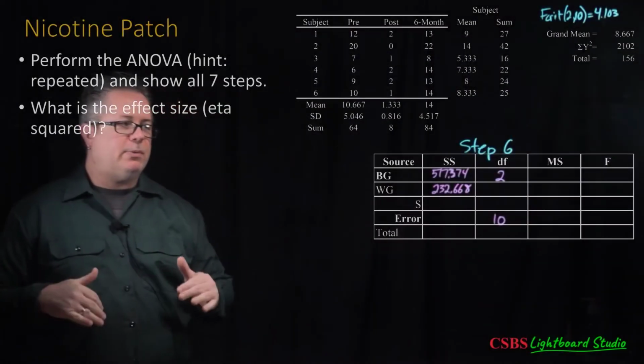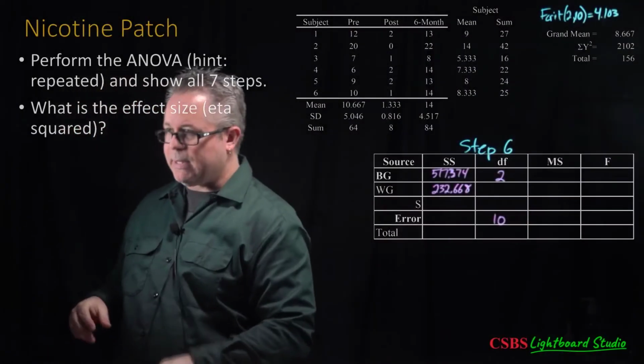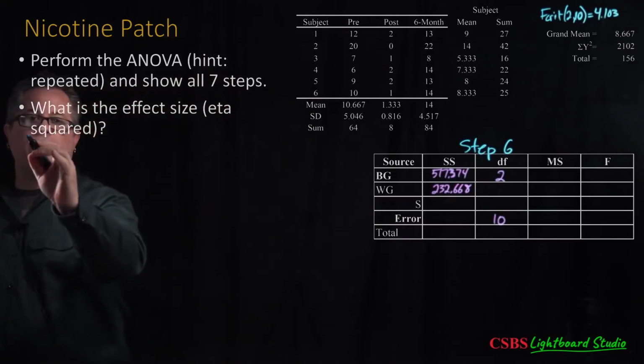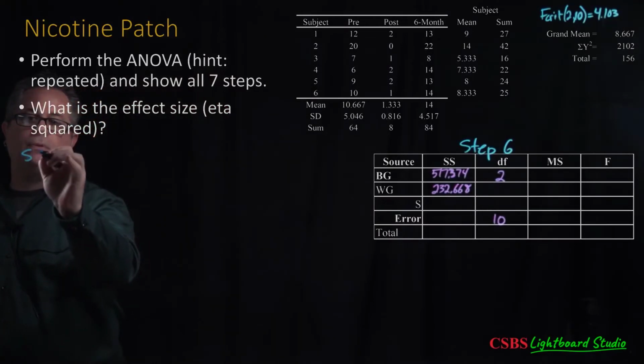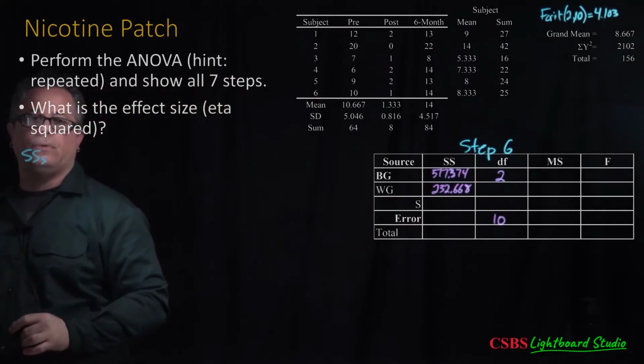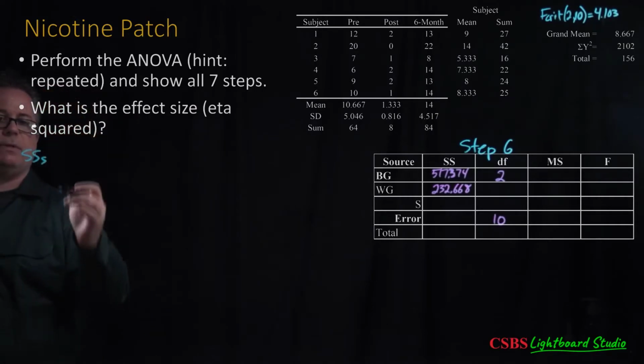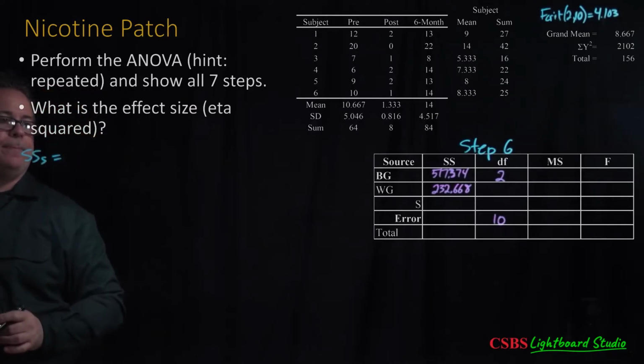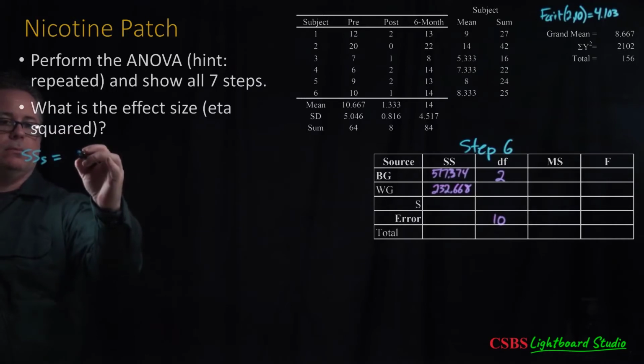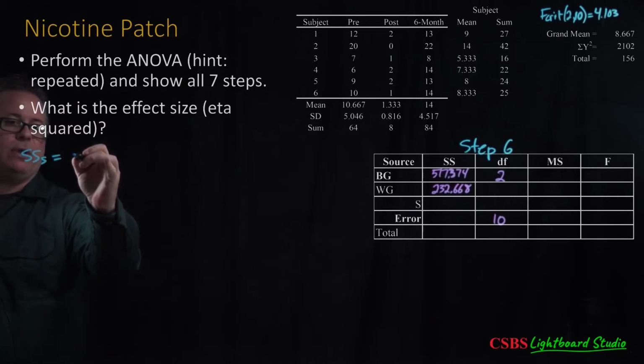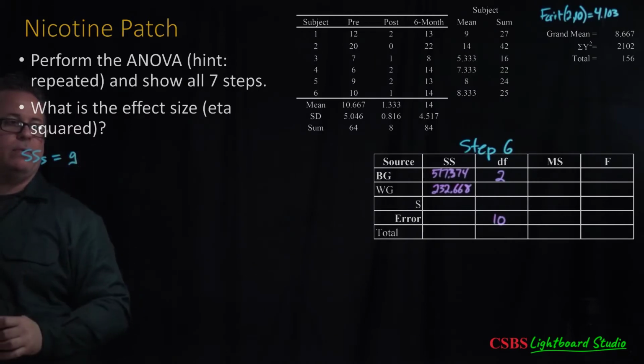Alright, we got between, we got within, we need to figure out subjects. Sum of squares for S. Okay, sum of squares for S equals, I'm going to take the number of groups, which is G or K, whatever letter you like. I use G, I think, in the notes.